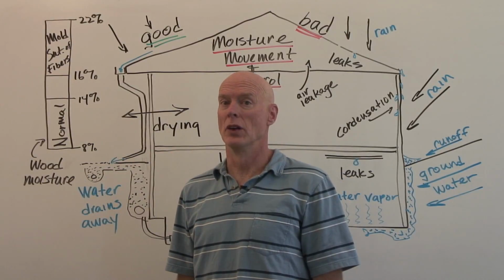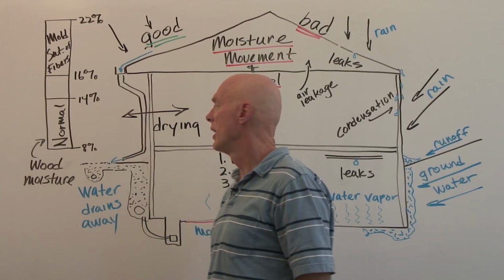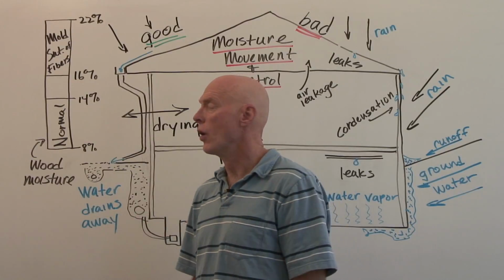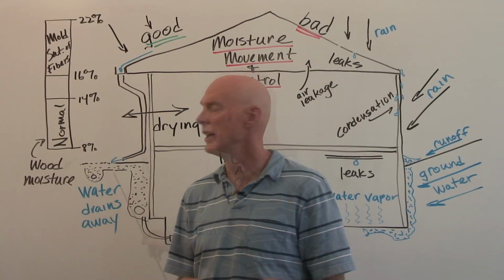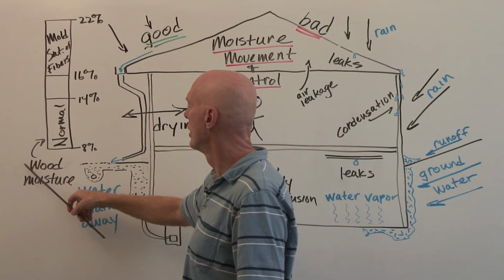Wood and other building materials can get wet in two basic ways. They can be wetted by liquid water, or they can be in an environment that has a very high relative humidity. Here you see a wood moisture chart.